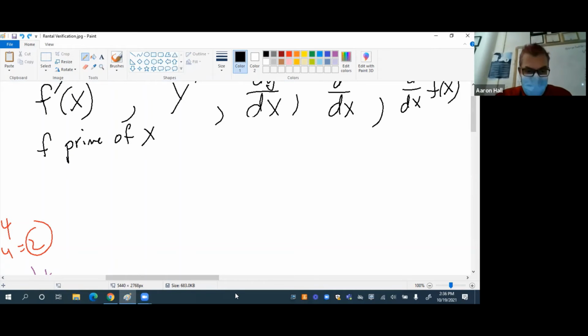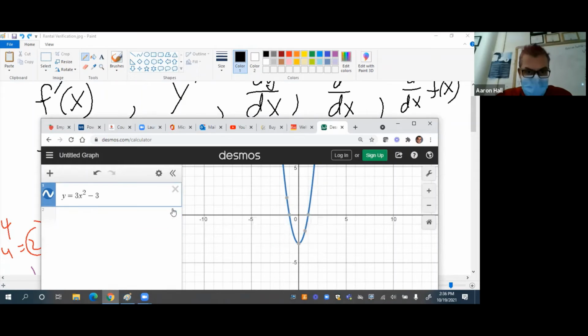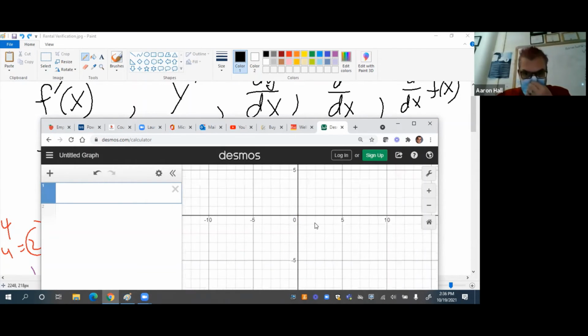So let's look at, I'm going to go to Desmos. I'm going to clear this out. I just really, at this point, I just want to capture the grid.